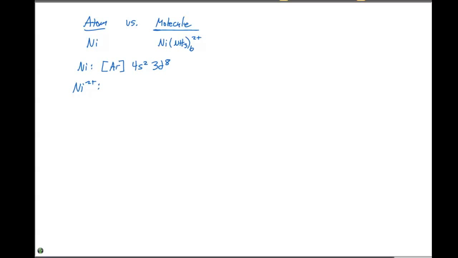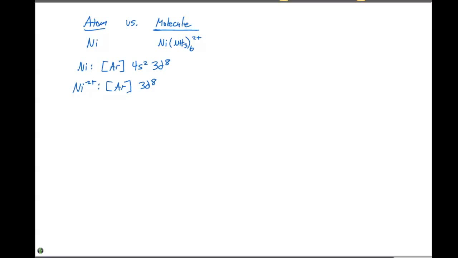And when you have an atom versus an ion, we also have to take into account what happens with those ammonia ligands. We're going to talk about the reason for this probably sometime later this week or early next week. But when I write an electron configuration for a metal cation, I have to say that this is going to be argon 3d8.